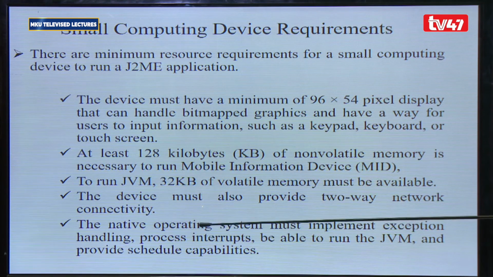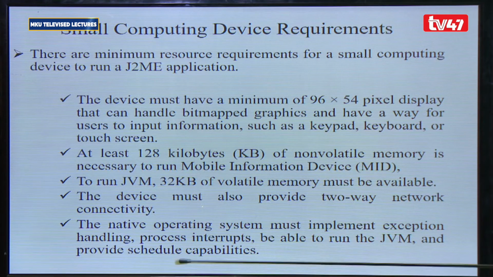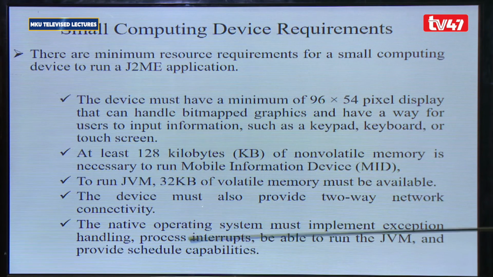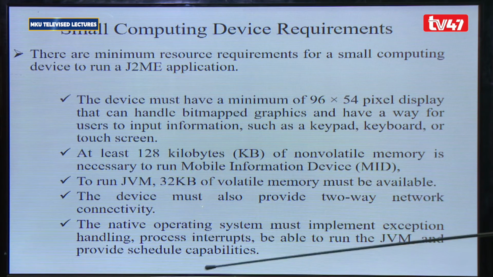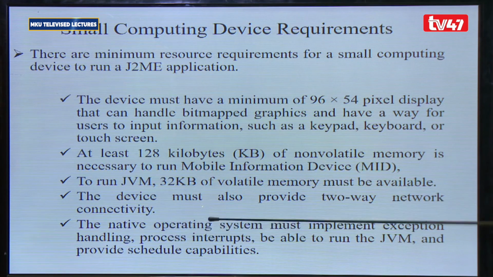The native operating system must implement exception handling, process interrupts, be able to run the Java virtual machine, the JVM, and provide a scheduling capability. So remember the native operating system.